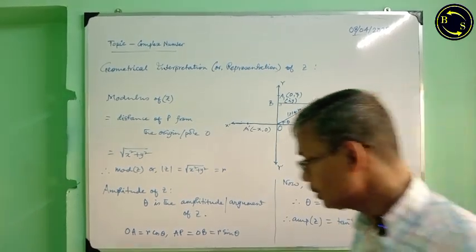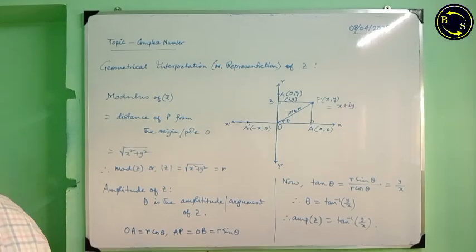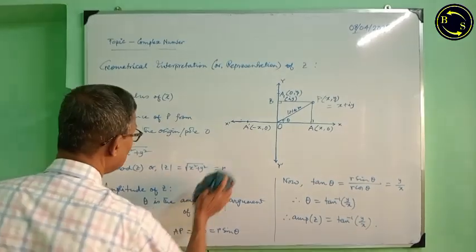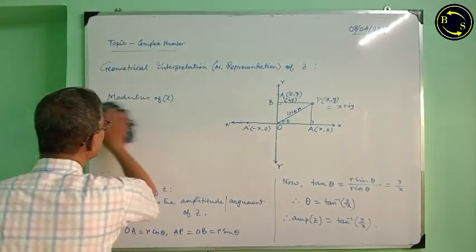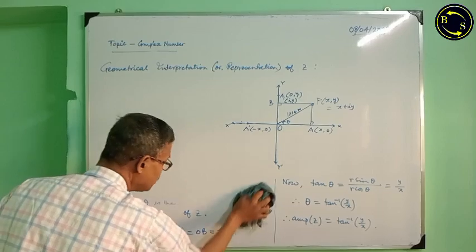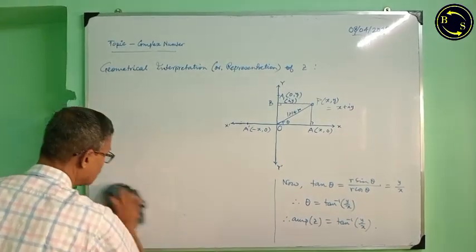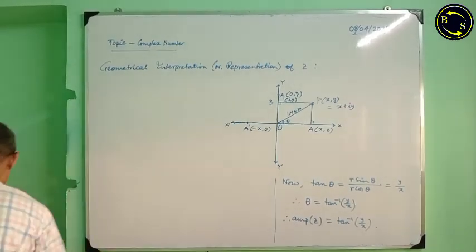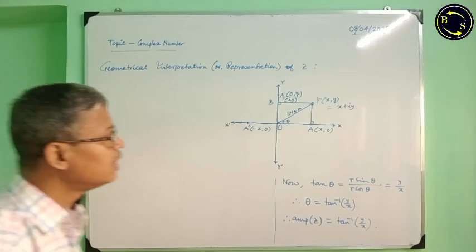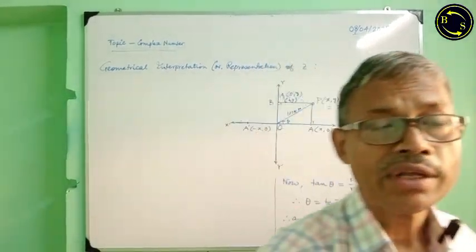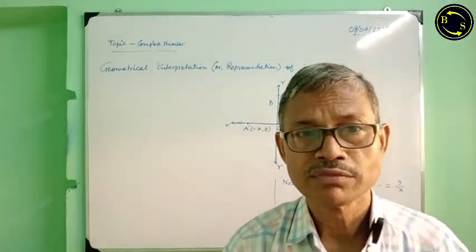For that, I suggest learners, students, first of all, you write the complex number in ordered pair form.